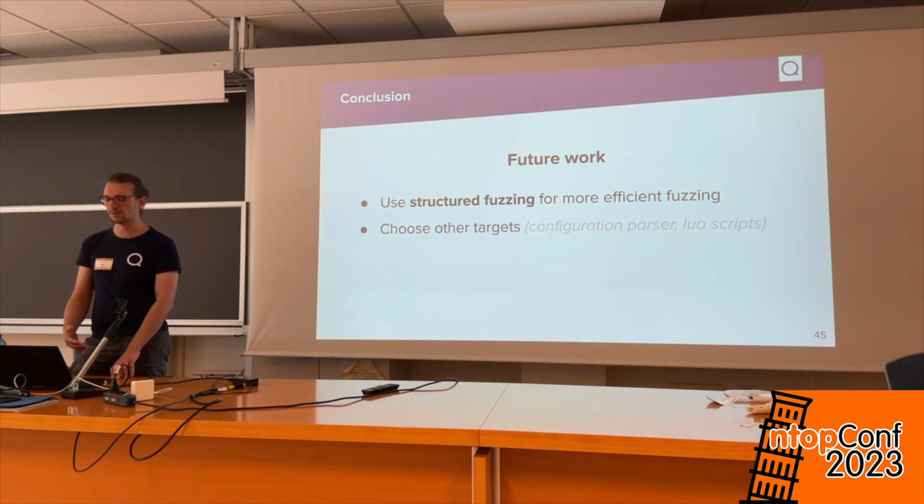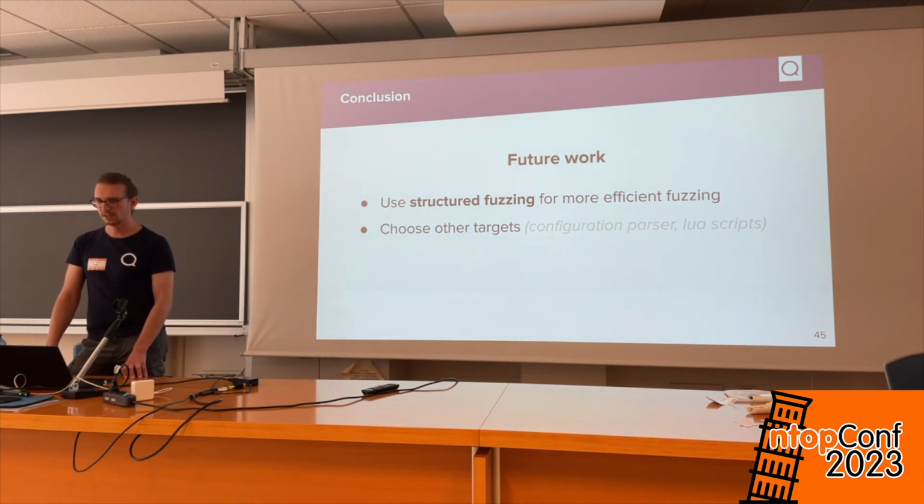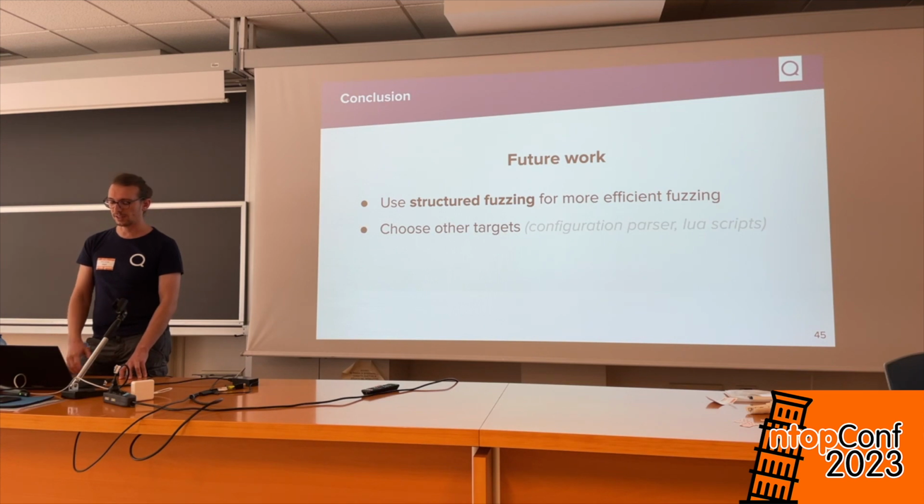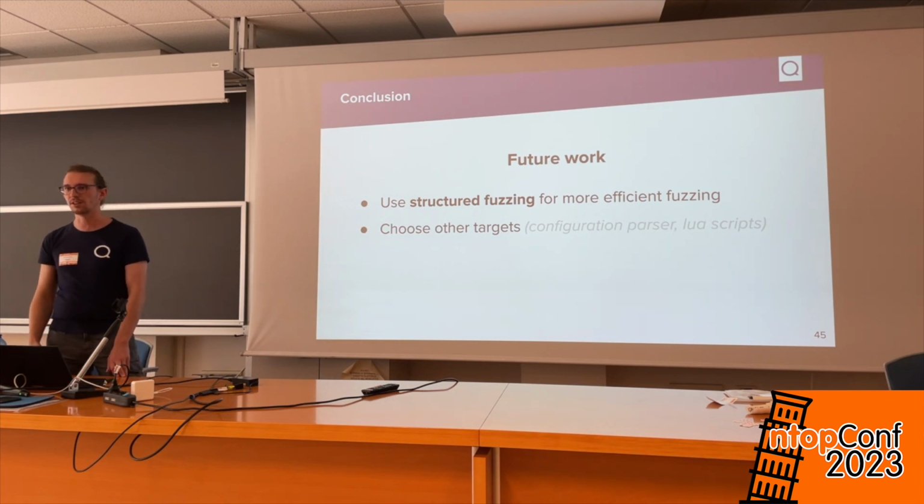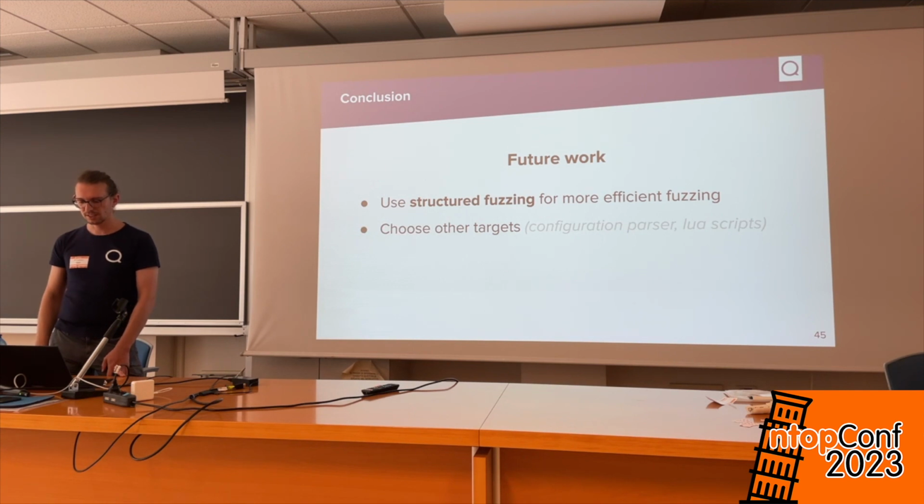And in this case, it's relevant because usually traffic is well structured. So we could do an even more efficient fuzzing campaign that might lead to new discoveries. And we can also try to fuzz other targets. I talked before about the configuration, but there are other targets like the Lua script engine that might be interesting.